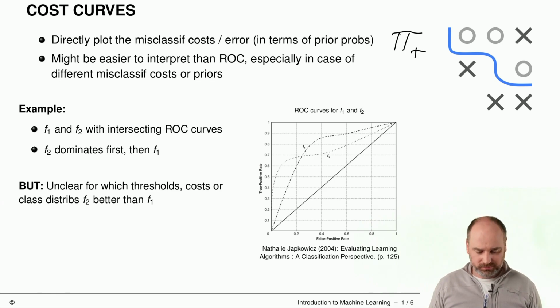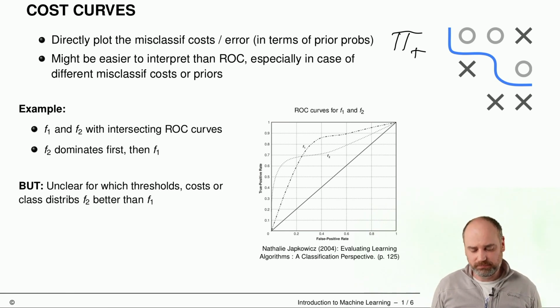Now we want to directly plot the misclassification costs of a given classifier with respect to this setting of the prior probabilities. Of course, 1 minus pi plus is the counter probability, exactly the prior probability for the negative class.